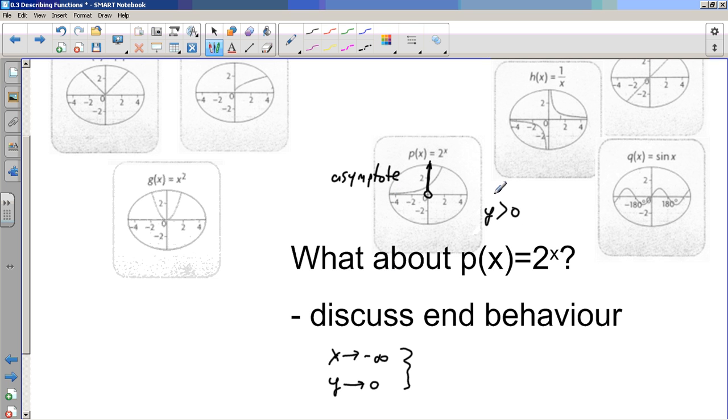So that's why its range is greater than 0. Notice on the other end, when x goes to positive infinity for this graph, what happens to the outputs? Well, y goes off to positive infinity, and there's not much we can say about that. This one implies there's an asymptote. This one just implies it has that up shape that we're used to from the exponential graph.